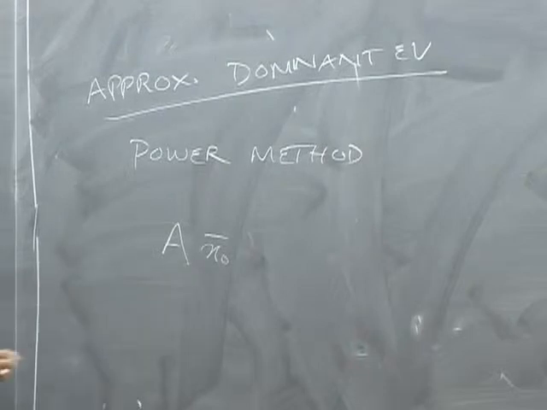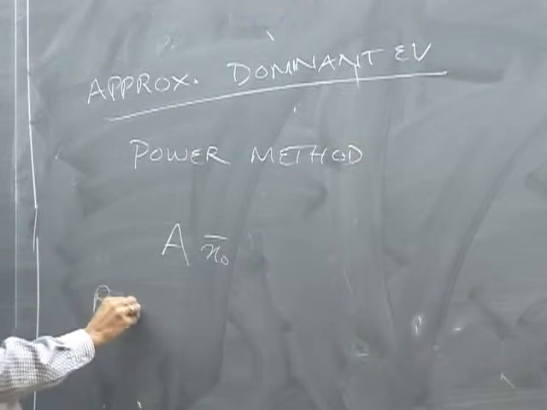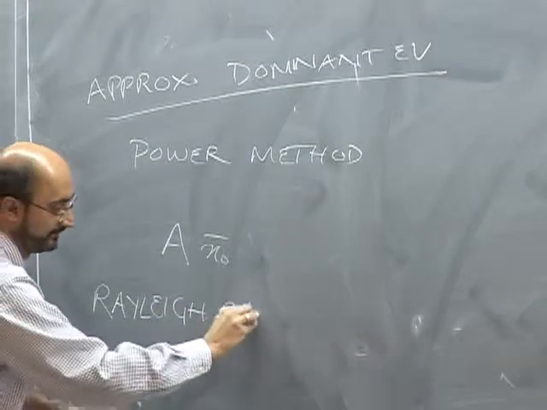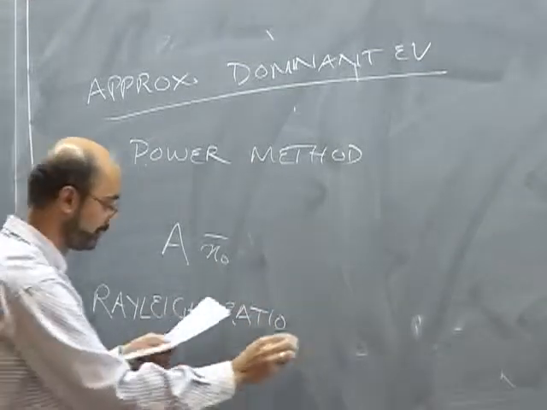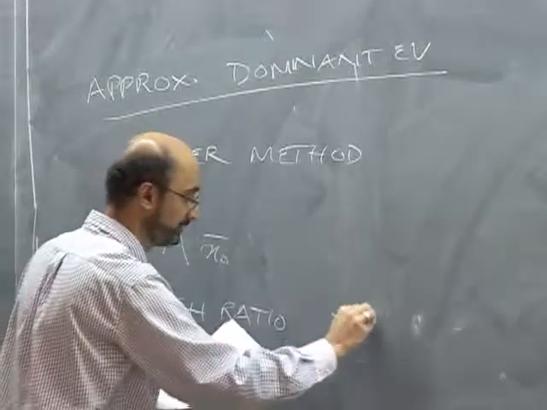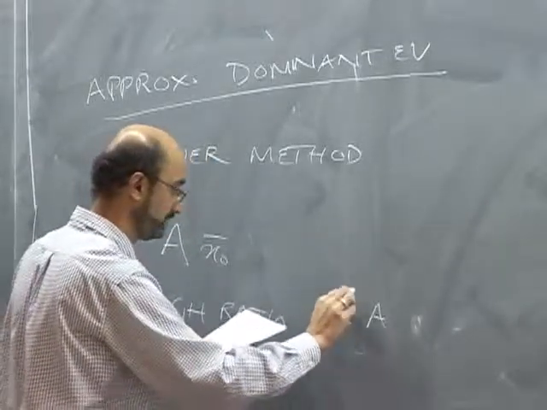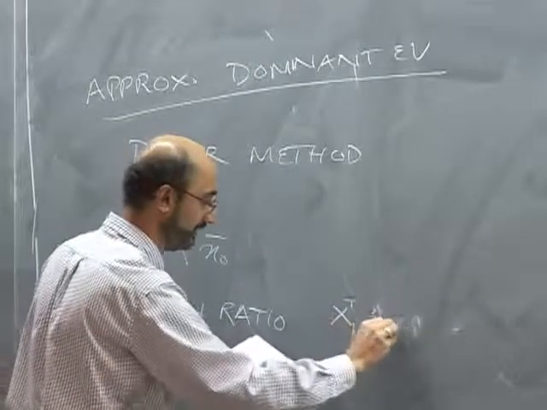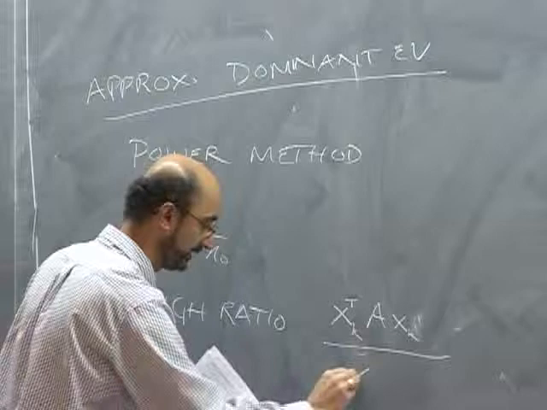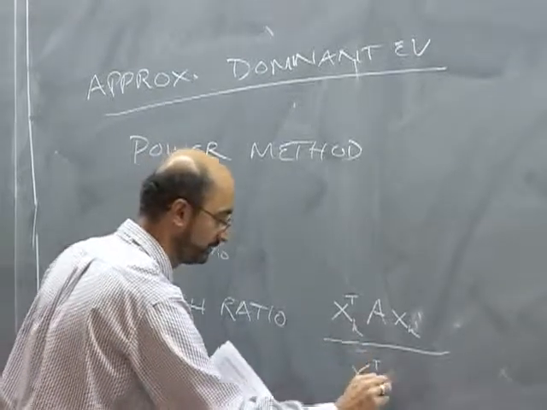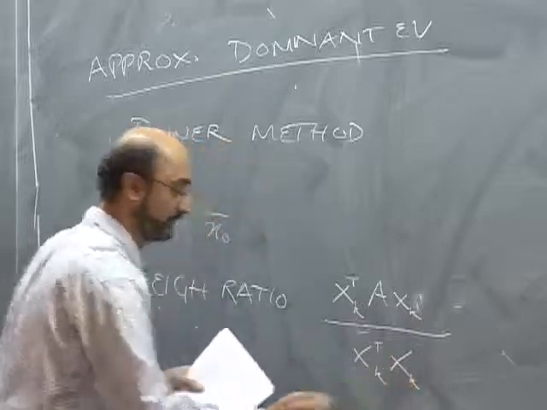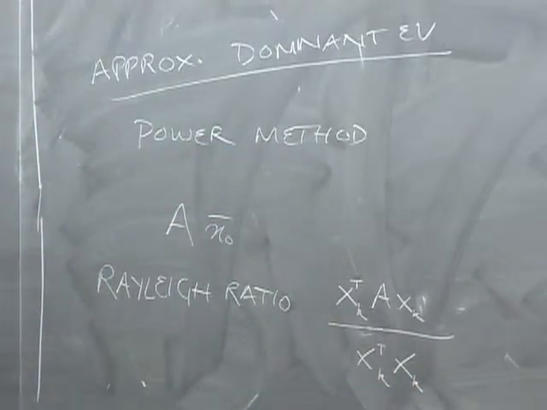And then you compute what's called the Rayleigh ratio. The Rayleigh ratio is given by xk^T A xk over xk^T xk. I'm leaving out the bars over xk transpose.